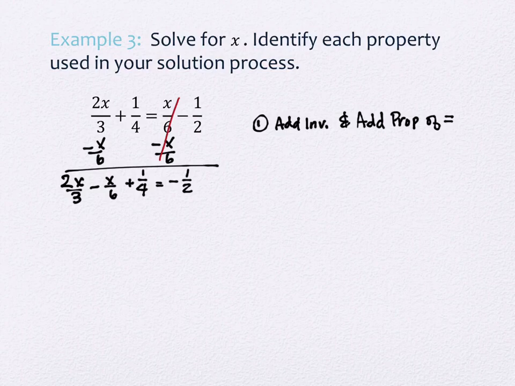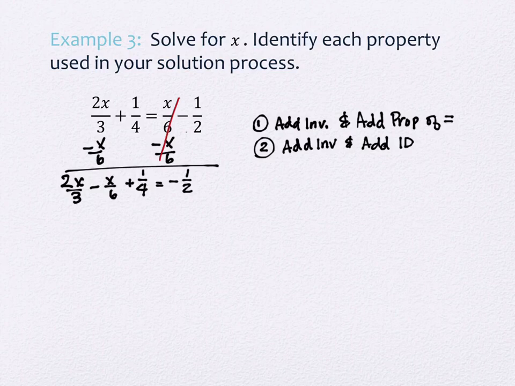Now, the fact that I was able to cancel that and add those to 0, and that the 0 disappeared, is the additive inverse property and the additive identity property. The additive identity property says that if 0 is added to something, then that value remains unchanged. So 0 minus 1/2 is just the negative 1/2.